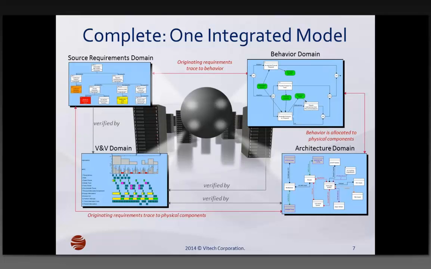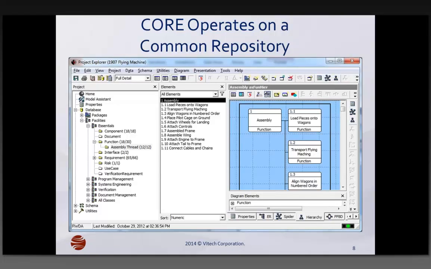Now, when you look at Core, and I'll be opening it up in a few minutes here, you're going to see a system that has an Explorer view over here, identifying a set of categories, classes, folders that map to those domains that we just talked about.